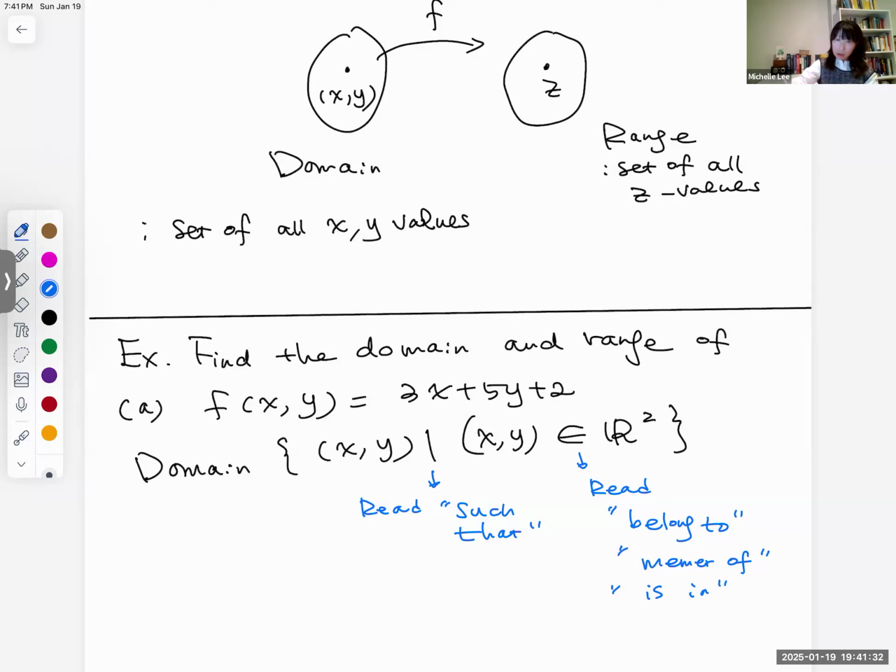R2 is 2-dimension, so it means a 2-dimension real number space.